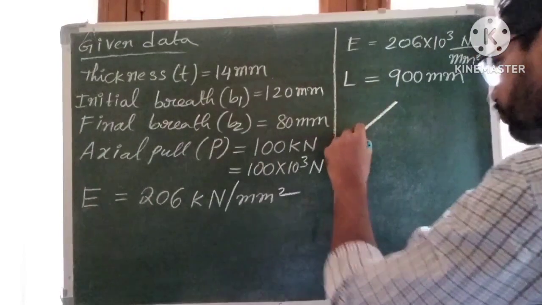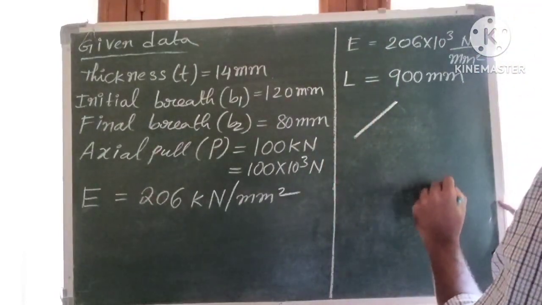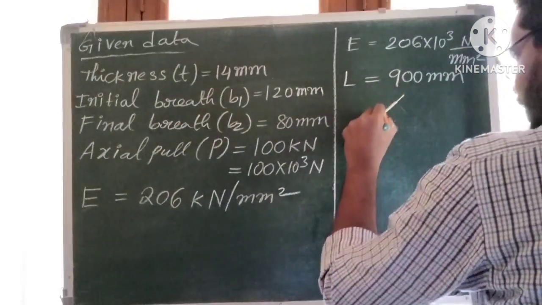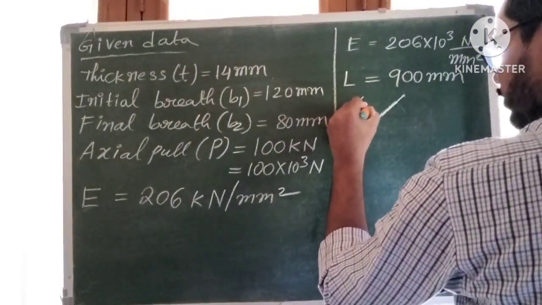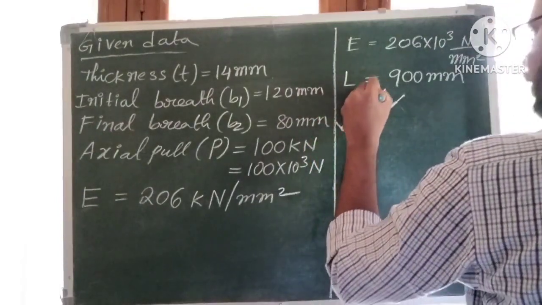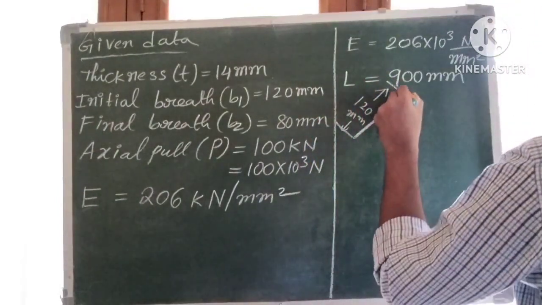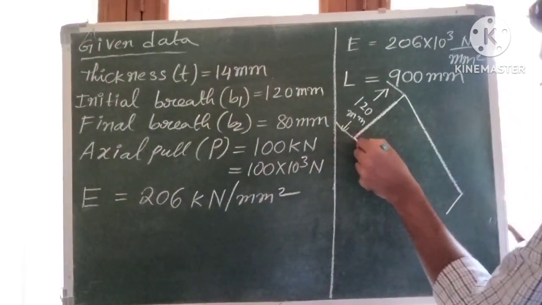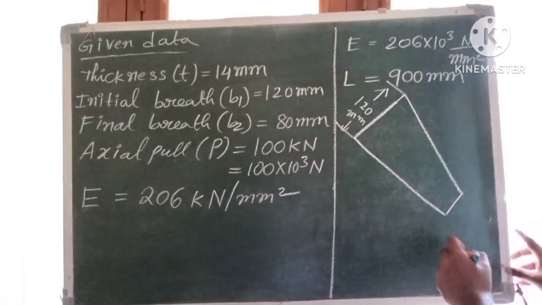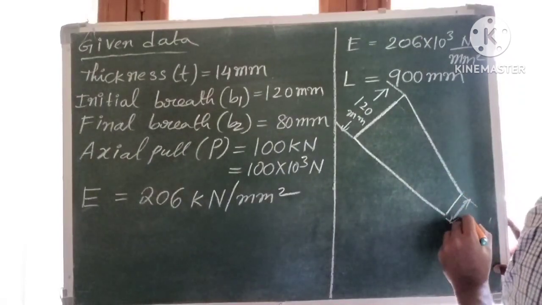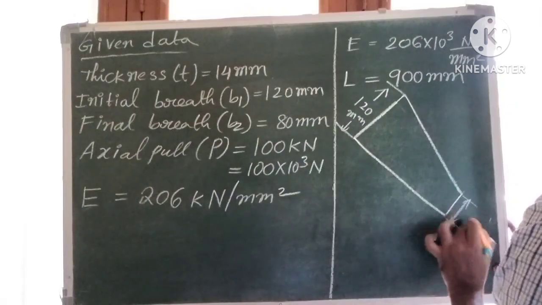So there is a steel plate having initial breadth 120 mm, nothing but B1, and breadth reduced uniformly. So what is the final breadth? Final breadth is 80 mm given.